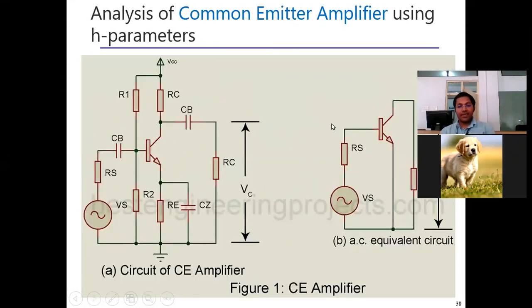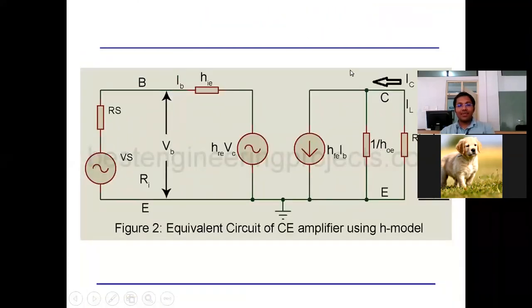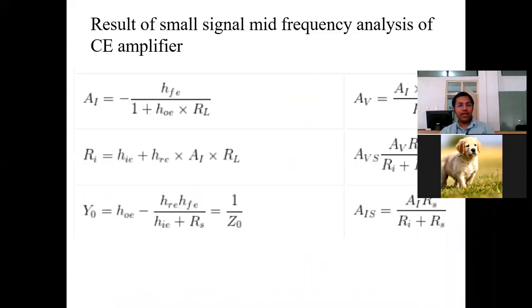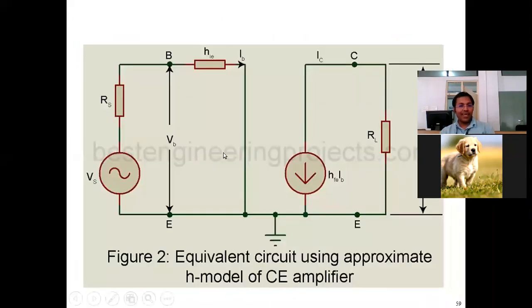Amplifier AC equivalent, then replace the transistor by this. Further, we have gone for the approximate H parameter model, when we can neglect 1 by HOE. This is the approximate model.